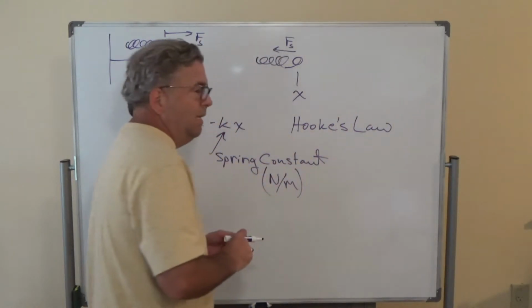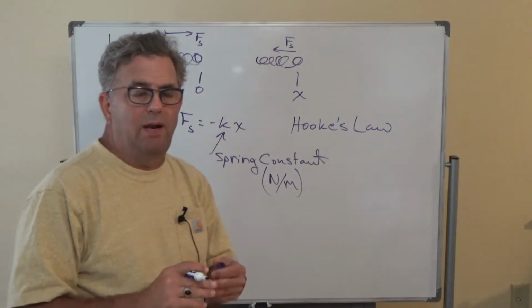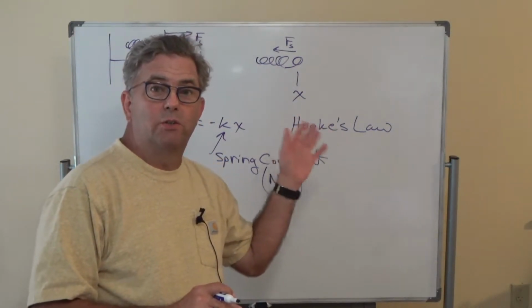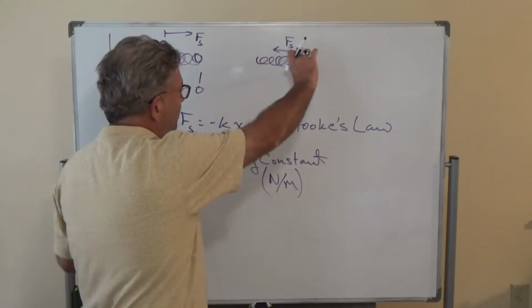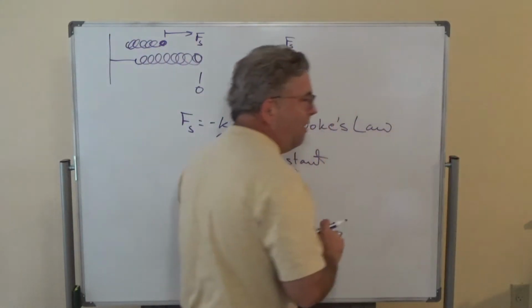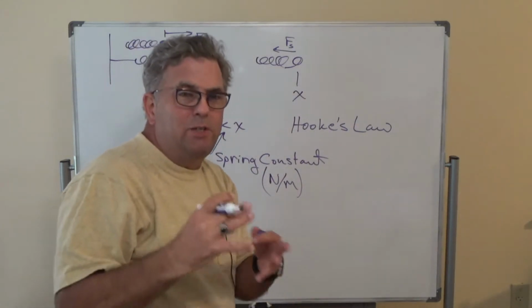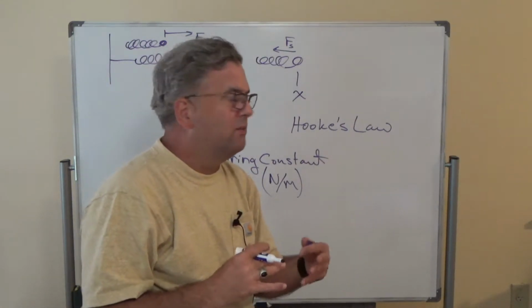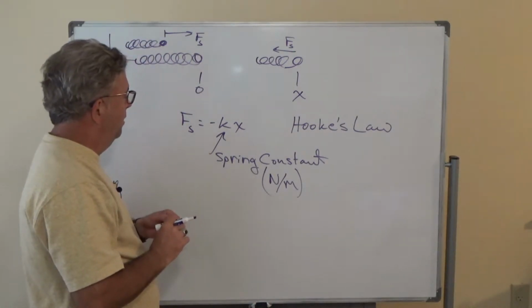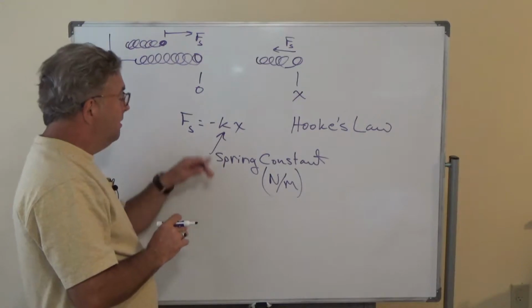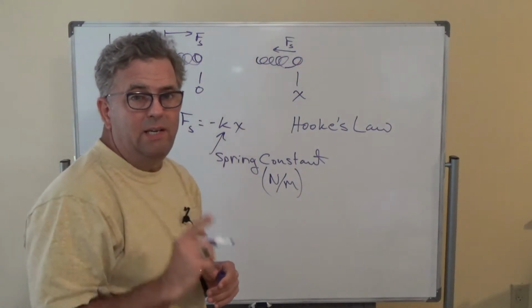And it's a pretty good model for simple springs that aren't stretched too far. So they obey Hooke's law as long as you don't stretch them way out where you're starting to bend the spring and deform the spring and so forth. So this is a pretty good approximation. This is a vector. It's 1D.